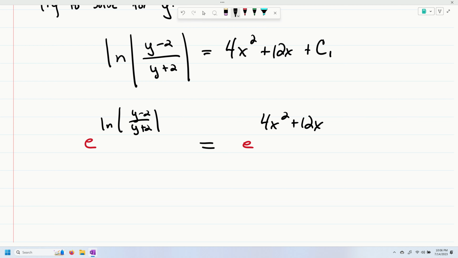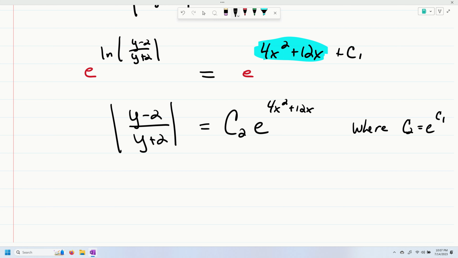All right. So I hope you kind of see what's happening here. I know it looks a little crazy at first, but this is just part of the solution.